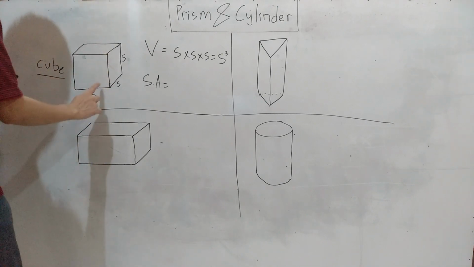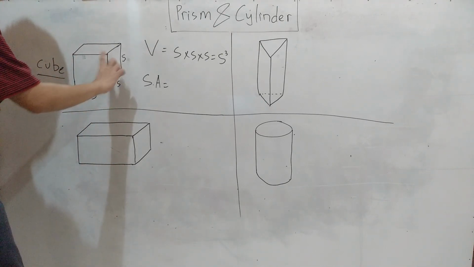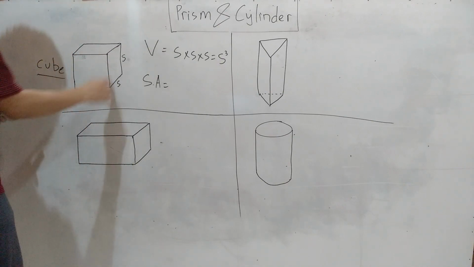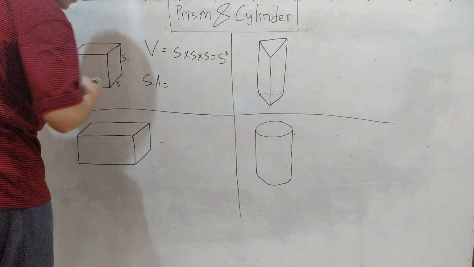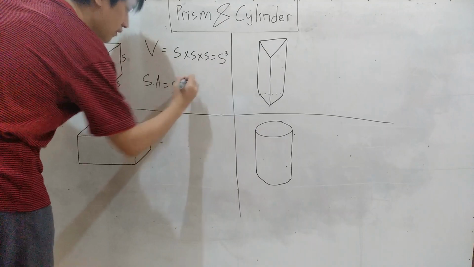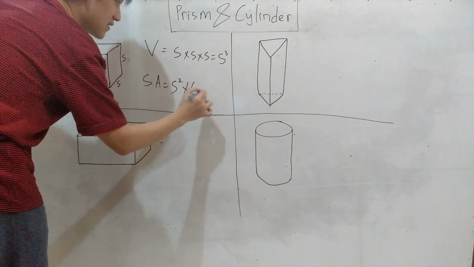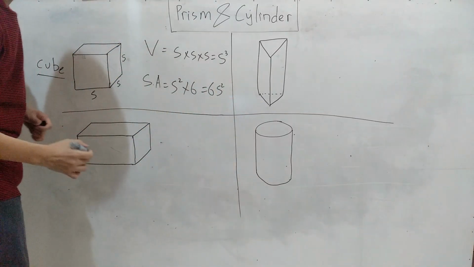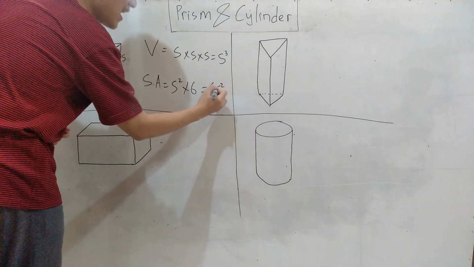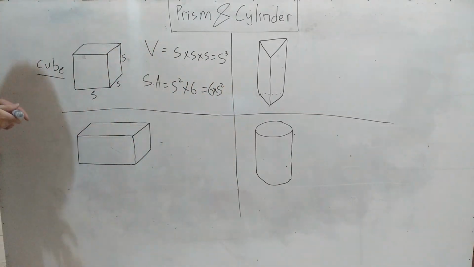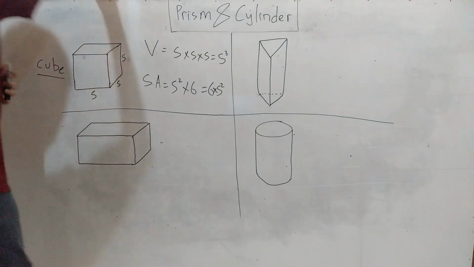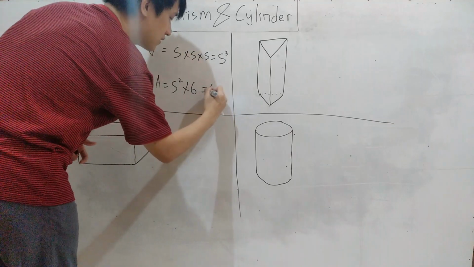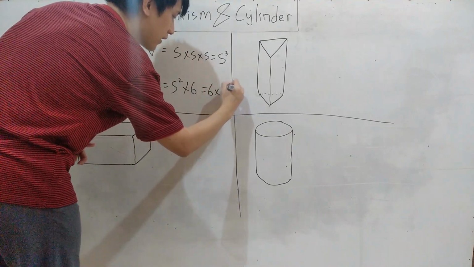This is S and the top is S. Since the area of a square is side times side, S times S, S square, times 6, which gives us 6 S square, or 6 times S square.